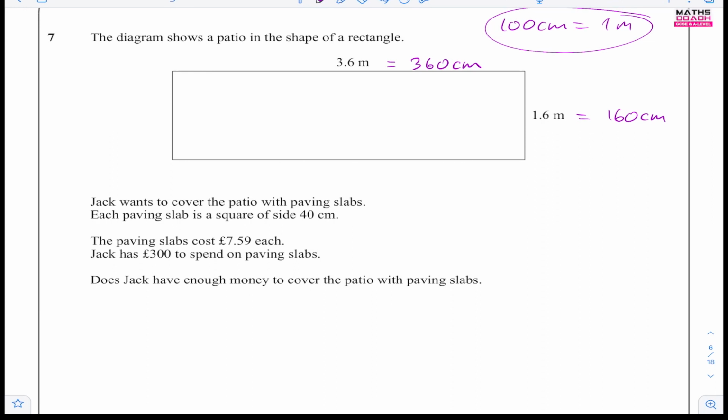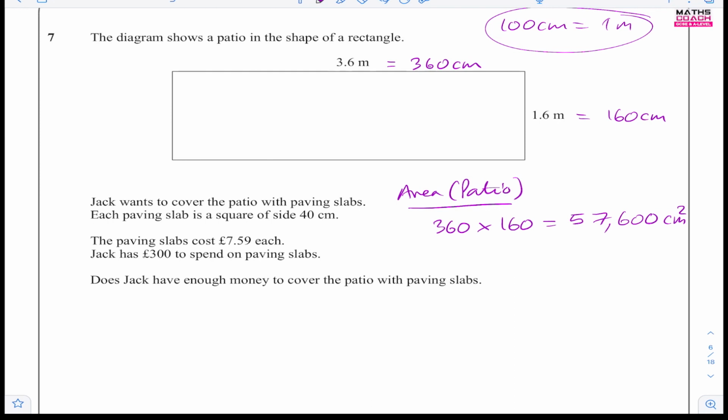Let's go ahead and work out the total area of our patio, and that's just going to be the area of a rectangle. So area of our patio is going to be 360 times 160, and that gives us 57,600 centimeters squared.